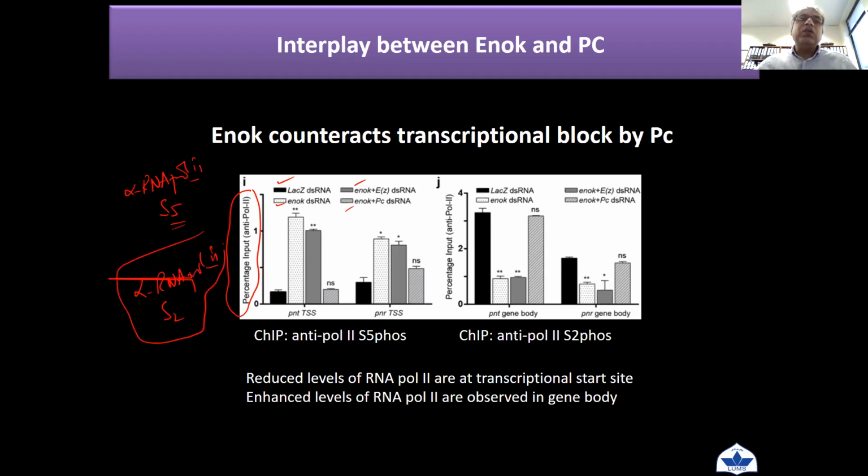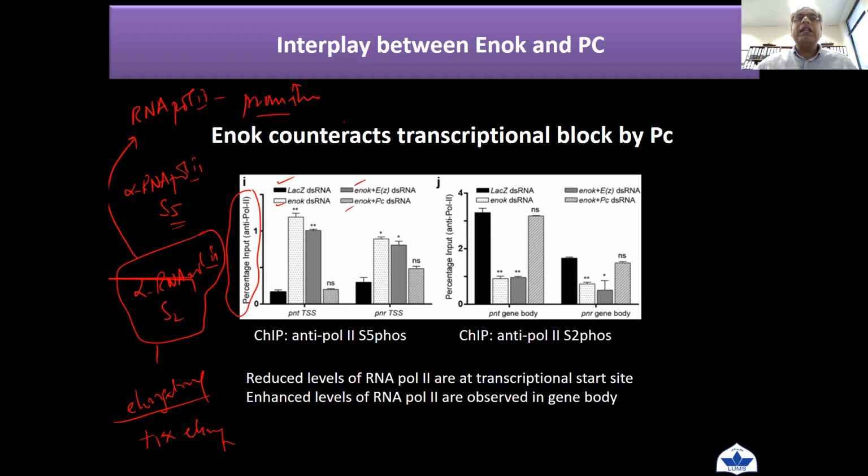When you have serine 2 phosphorylation, it represents an elongating RNA pol. This is the transcription elongation phase. When you find polymerase in the serine 5 phosphorylated state, it tells you RNA pol 2 is on the promoter region.